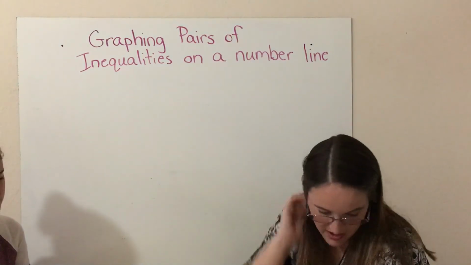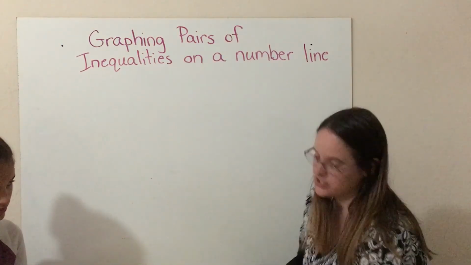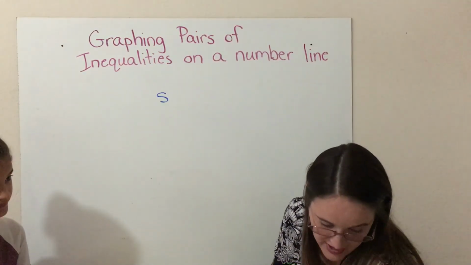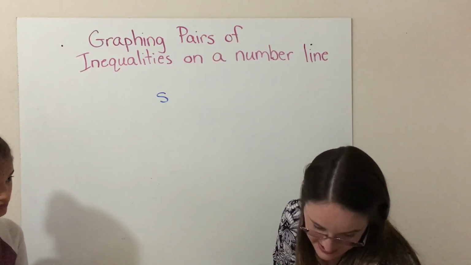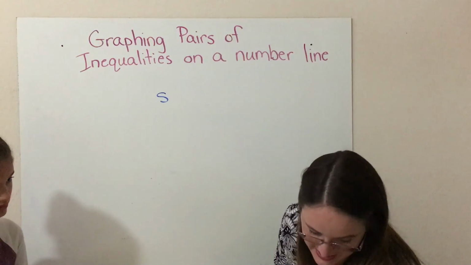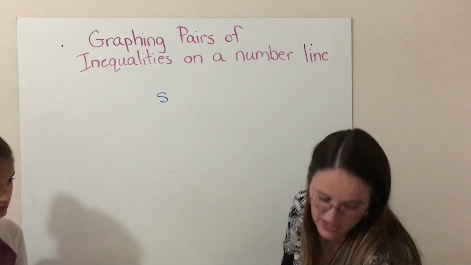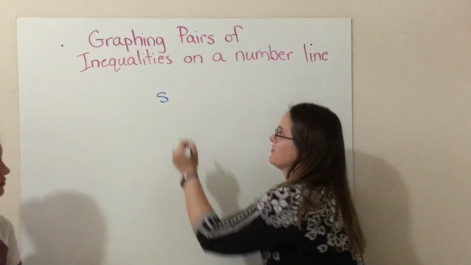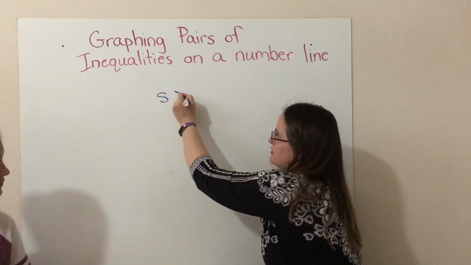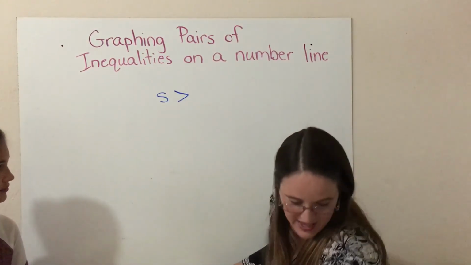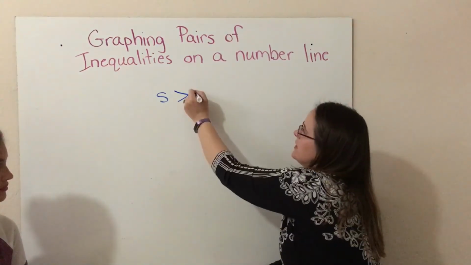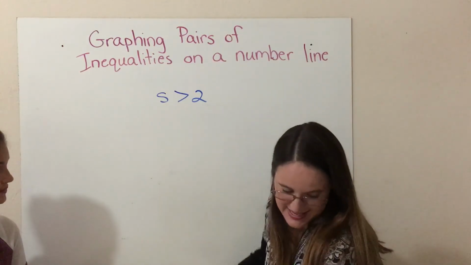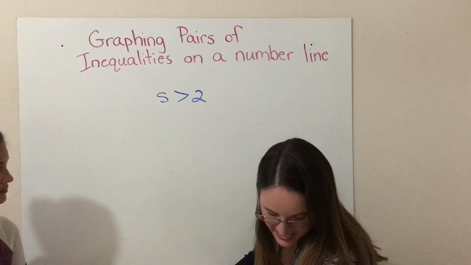The length of one side, which they're calling S, of a triangle is greater than 2 and less than 8. So the length of one side is greater than this. I'm going to use my greater than symbol, is greater than 2, and the length of one side is less than 8.